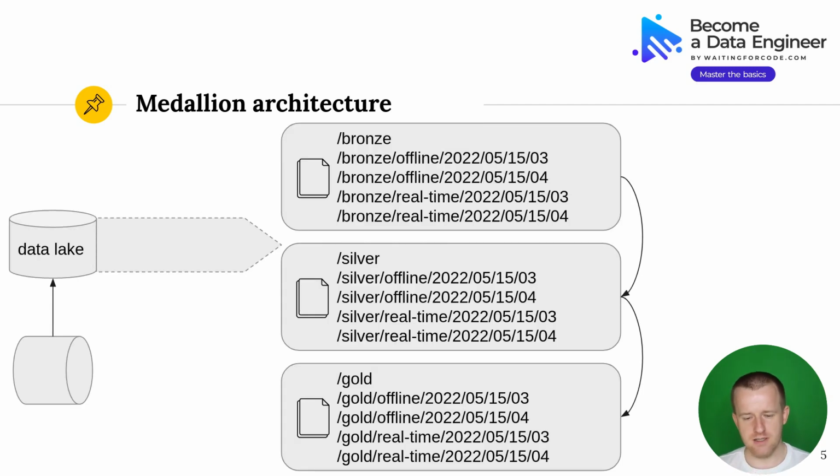To complete this layer, we have 2 other layers. The silver one is an enriched and improved version of bronze. So this improved version can contain some data enrichment. It can contain, for example, some reformatting, putting things into conformity, like dates.